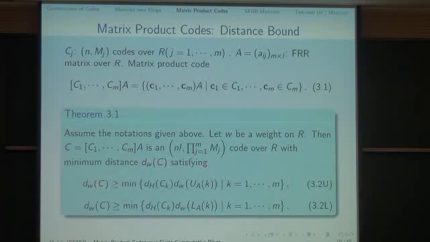Then they satisfy two lower bounds. Here is the bound with U_A(K), which we defined before, that is, the code generated by the first K rows, and this is the minimum weight.